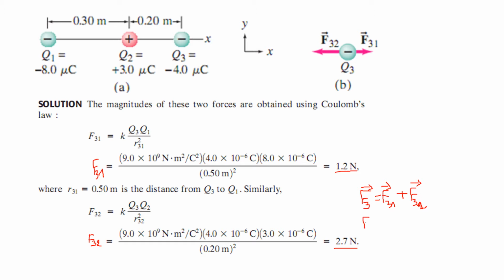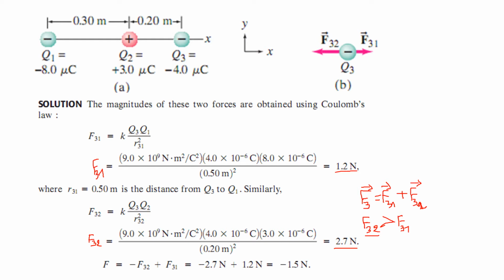And we have F32 is larger than F31. This means that the resultant force on charge 3 will be oriented in the direction of the force on charge 3 due to charge 2, which means that the resultant force is oriented to the left, in the negative x direction.